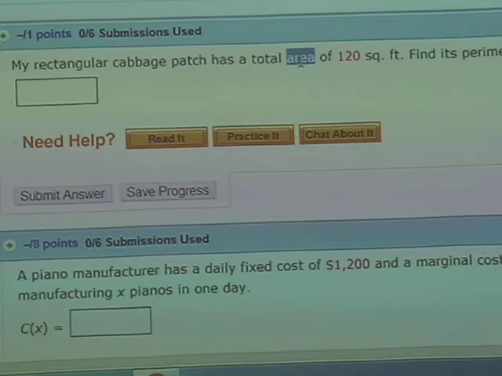Because 5 meters is a length, it's not an area. So I can't have an area that's 5 meters long, that doesn't mean anything, right? But if I said 5 square meters, that's completely different, but I'm just making that point. Okay, so area should be square. Square meters, square feet, whatever it is should be square.